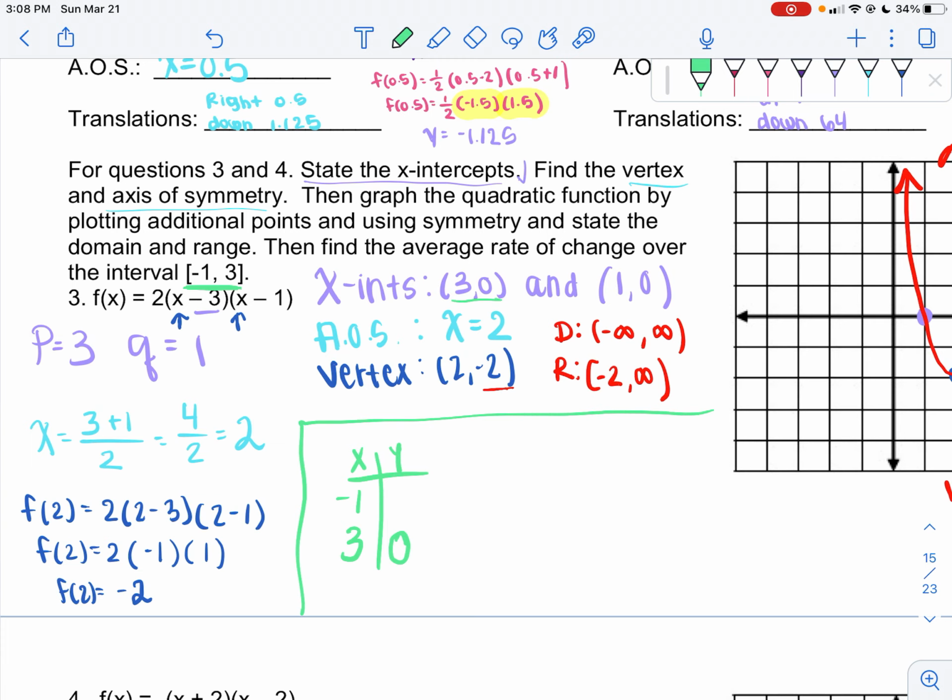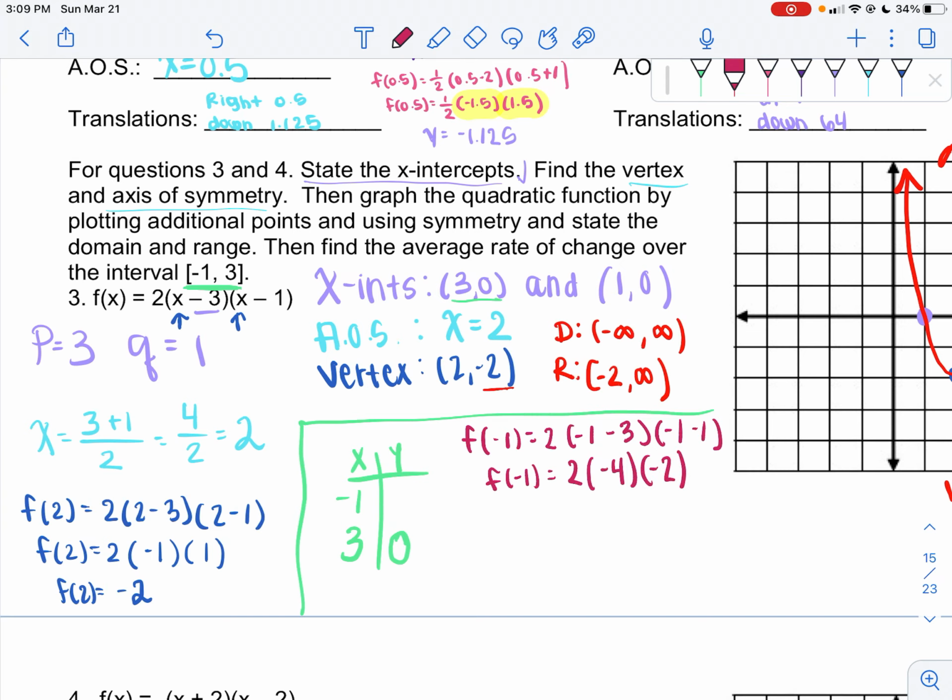And so now we need to figure out the y value when x is -1. So we're going to use our equation and put in -1. So again, starting inside the parentheses, keeping that 2 out front, -1 minus 3 gives us a -4. -1 minus 1 gives us -2.